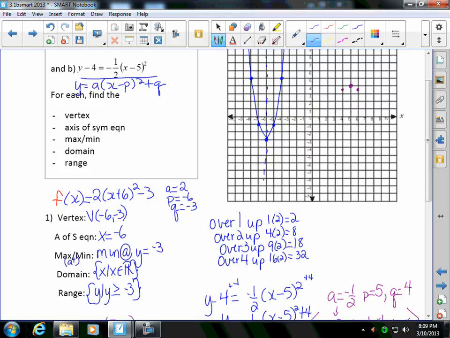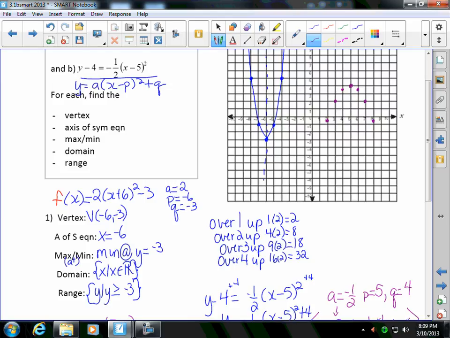Back to the vertex, over 2, down 2. Back to the vertex, over 2, down 2. Over 3 from the vertex, down 4.5. And then over 3, down 4.5.